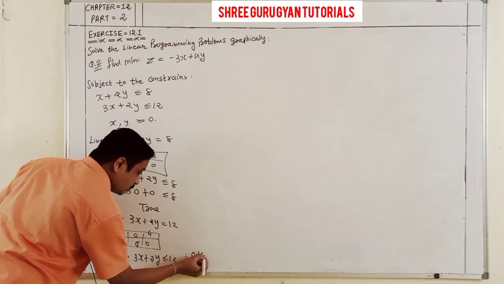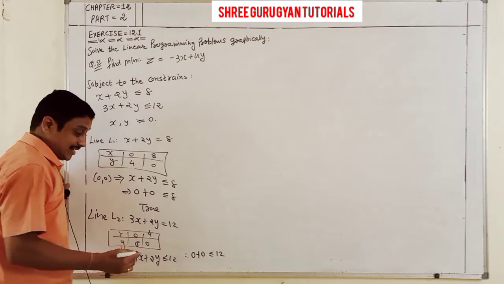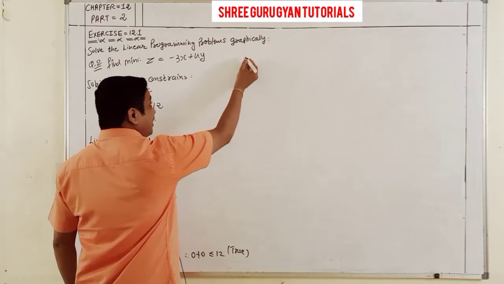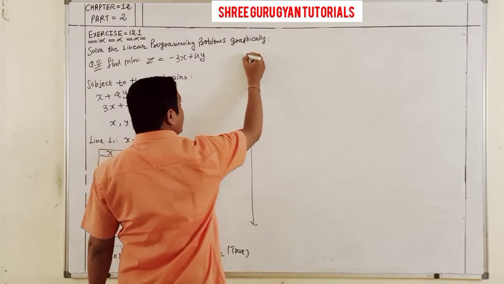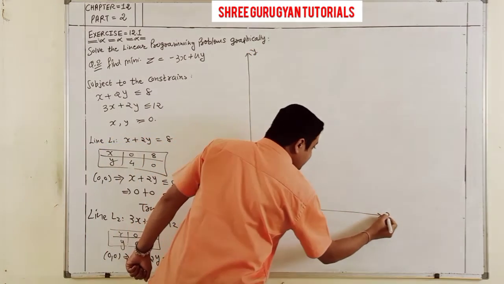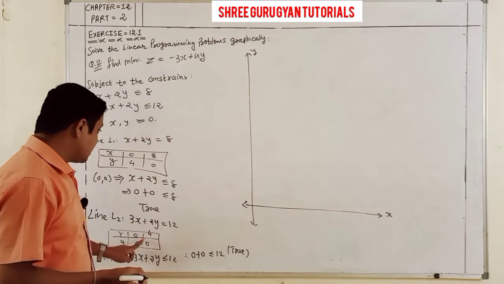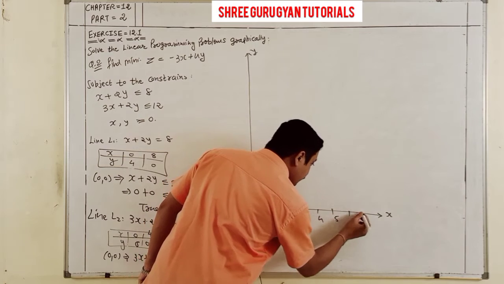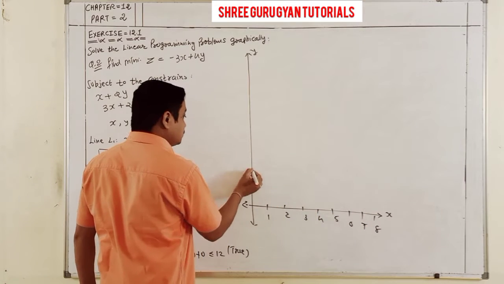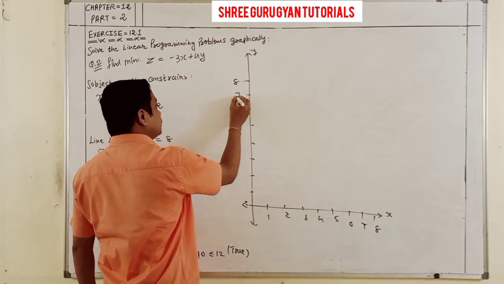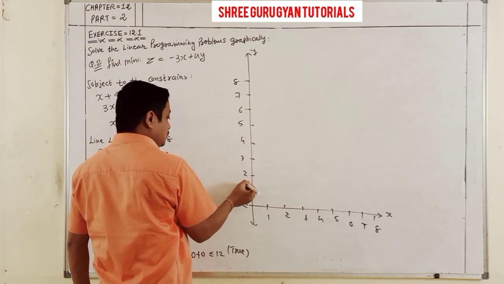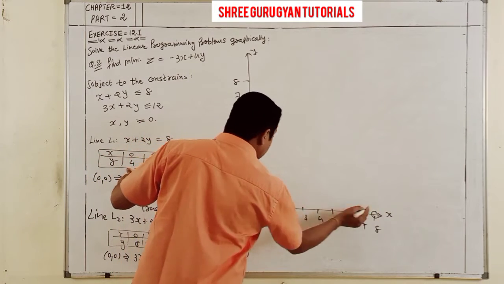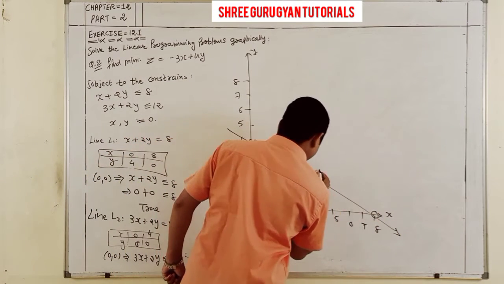So 0 + 0 is less than or equal to 12, and it is true. On my graph, the axes go up to 8 and 4. I go 1 to 8 on both axes, and for the table values (0, 4) and (8, 0), join line L1.